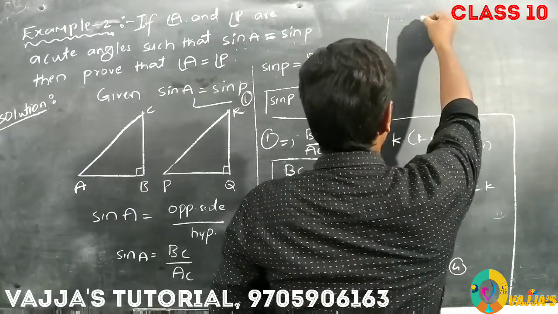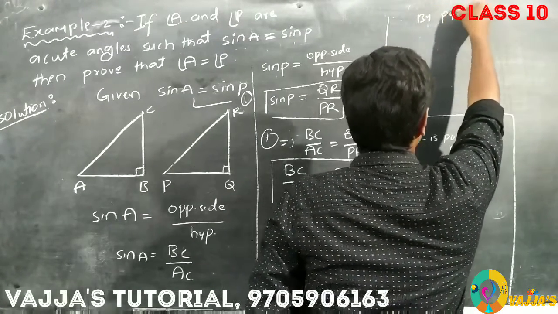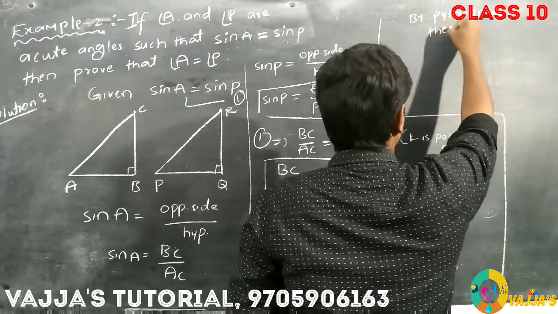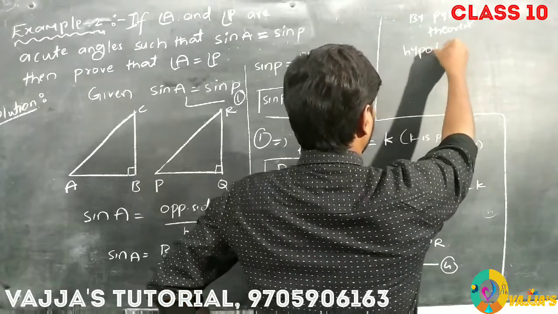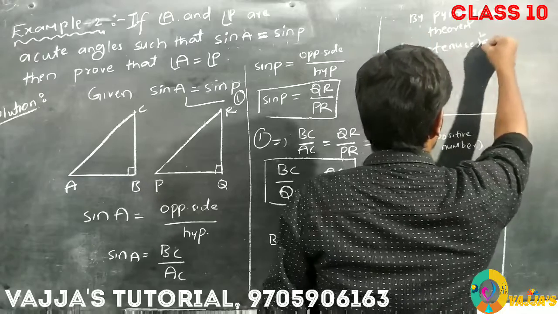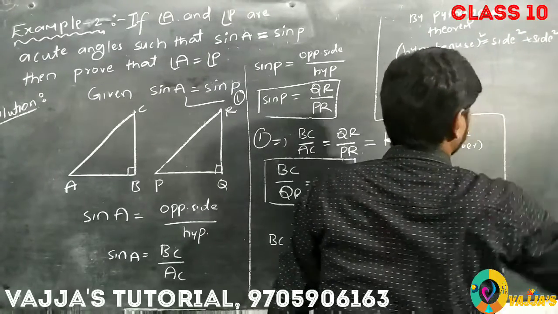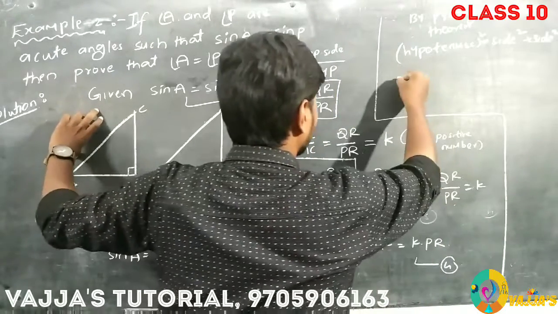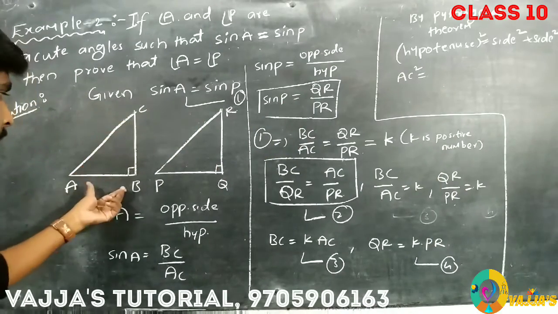So let us take the Pythagoras theorem. By Pythagoras theorem, what is the Pythagoras theorem actually? Hypotenuse square is equal to side square plus side square, isn't it? So what is the hypotenuse here? In this triangle, AC square equals BC square plus AB square.